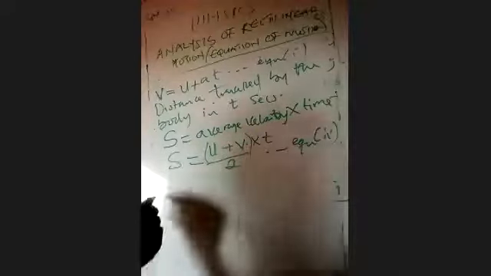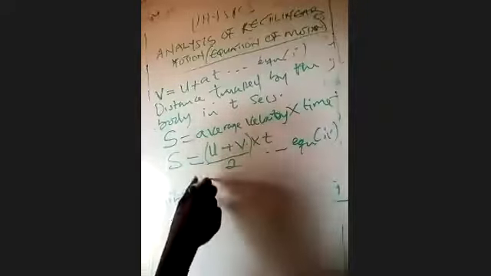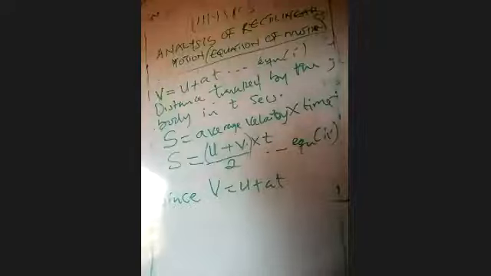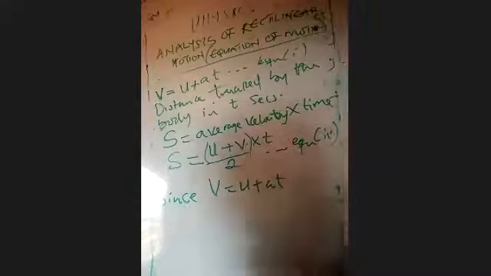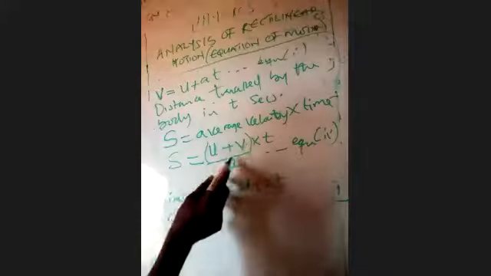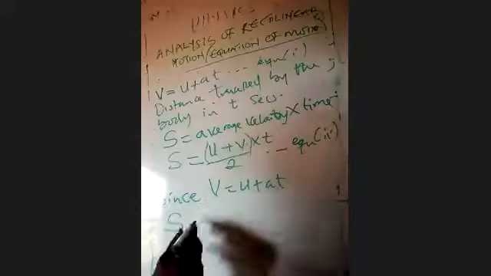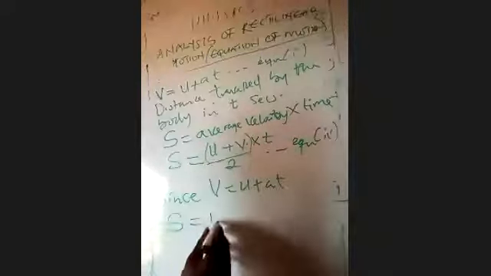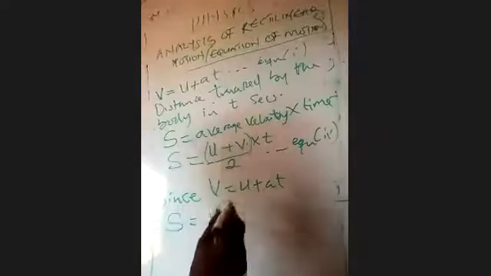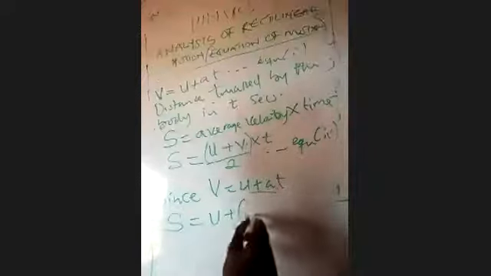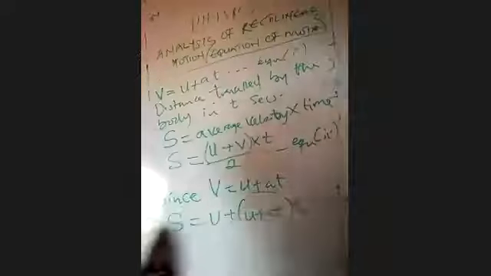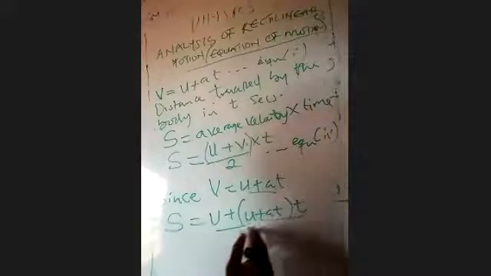Now, since V is equal to U plus a t, which is from equation 1, then S, which is distance, will be equal to U plus this (U plus a t), times T, all over 2.